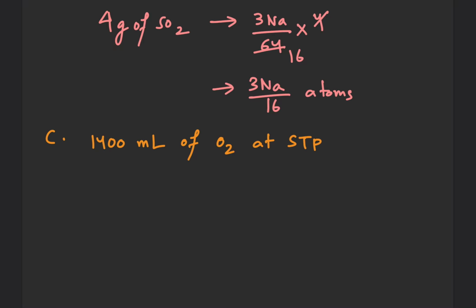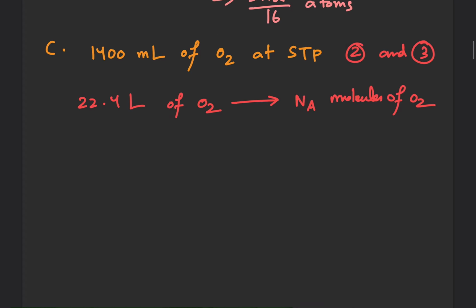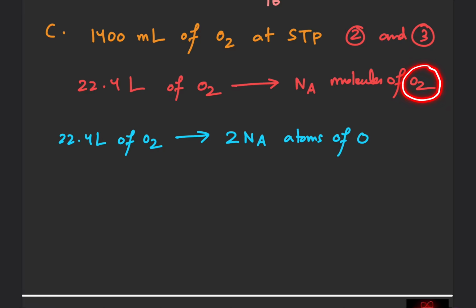Using definitions 2 and 3 of a mole, 22.4 liters of O2 will have Na molecules of O2, or 2 into Na atoms of O, because one molecule of O2 contains 2 atoms of oxygen.